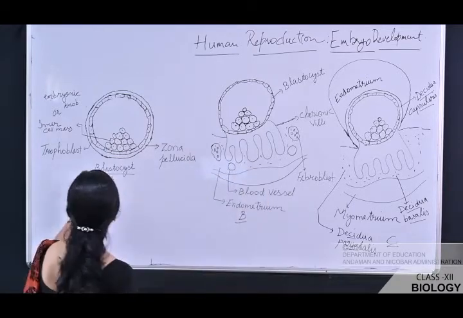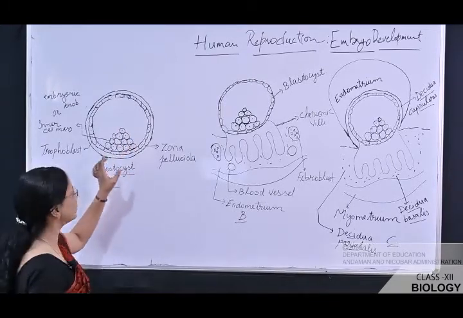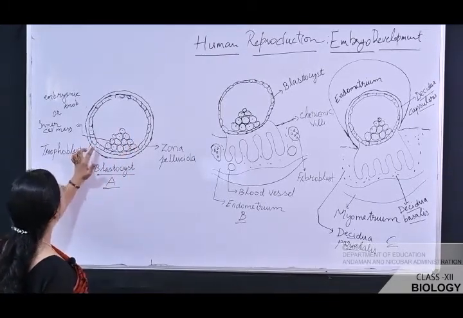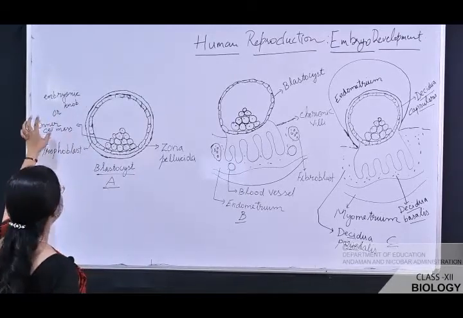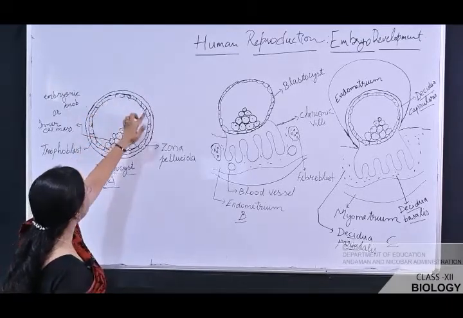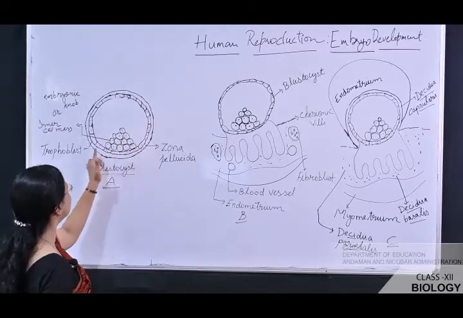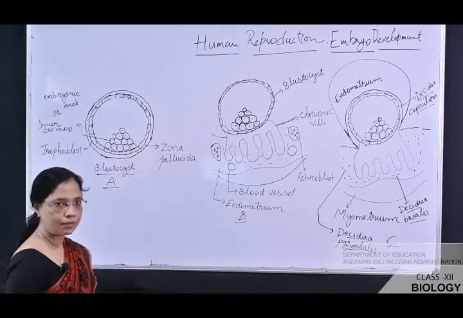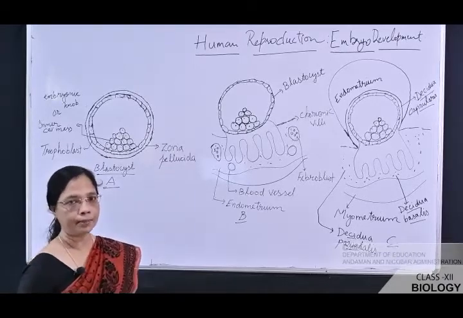Now you see here, this is the structure of the blastocyst and it has the inner cell mass, which is also known as the embryonic node. This inner cell mass develops into the embryo, and the outer layer, the peripheral cells, is known as the trophoblast, which develops into the extra embryonic membrane.